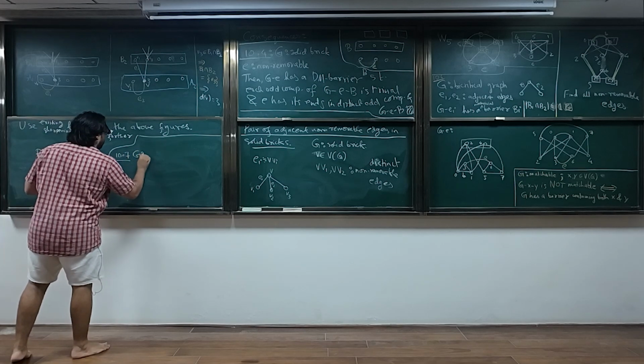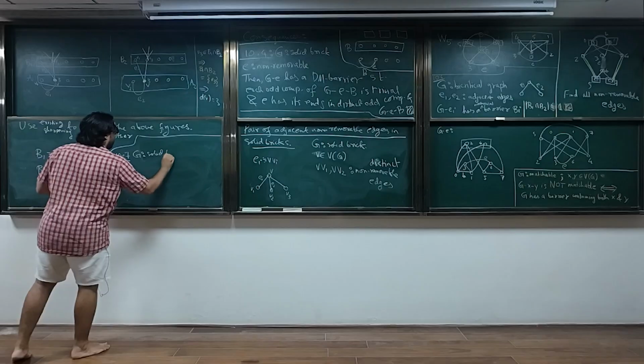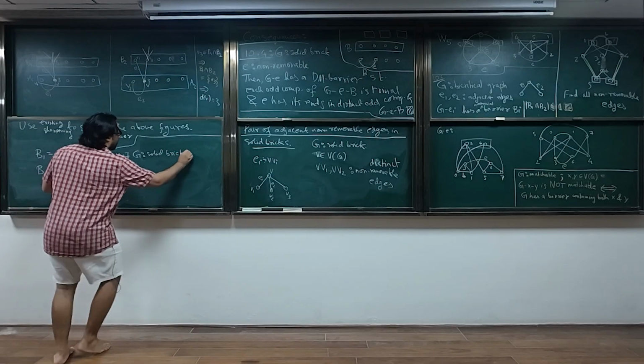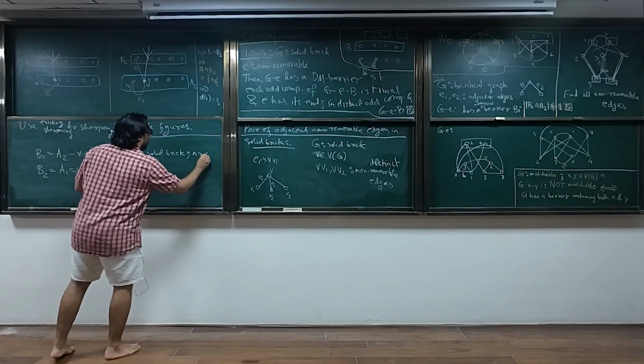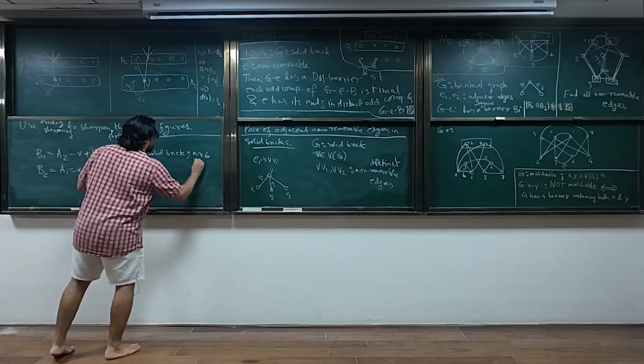G is a solid brick with at least 6 vertices. V is any vertex.